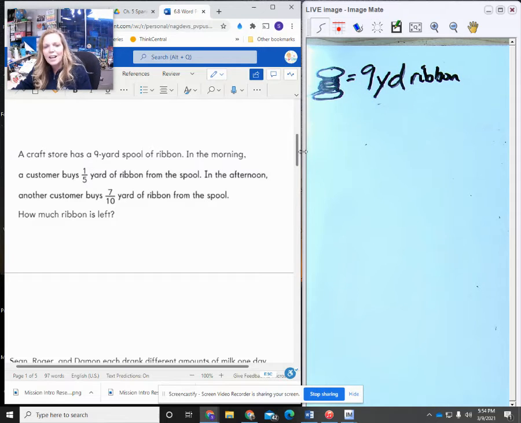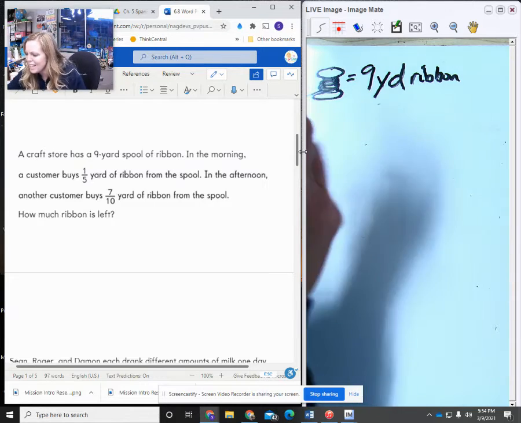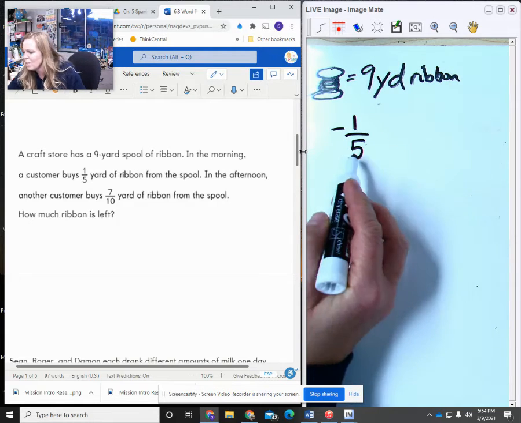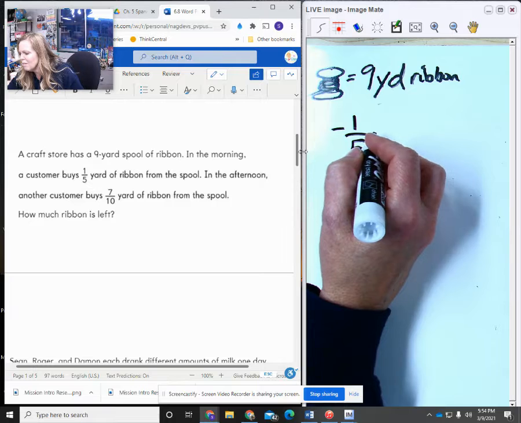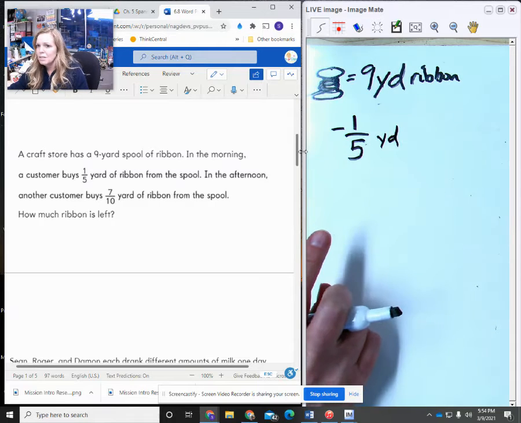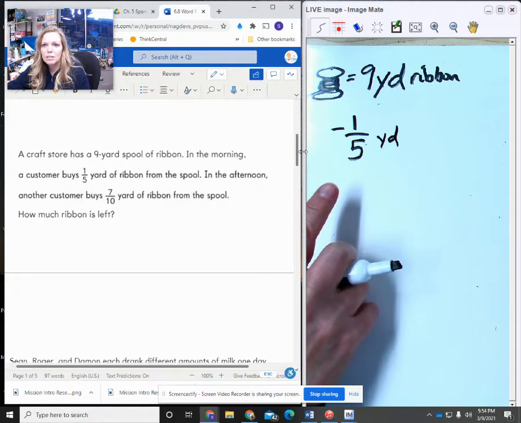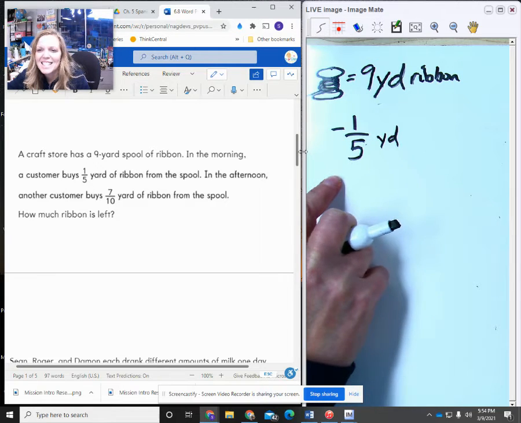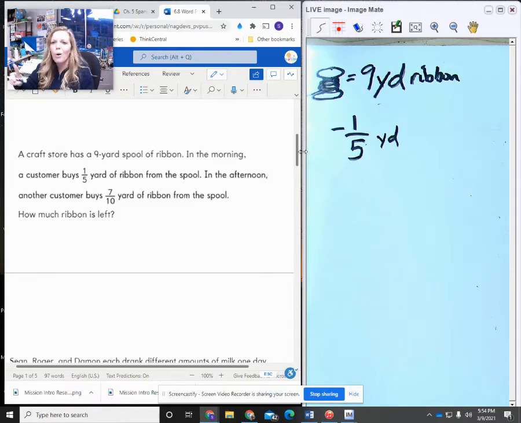In the morning, a customer buys 1/5 yard of ribbon. If they buy it, it means they're taking that away. Now, keep in mind the Holy Grail of fractions: 1/5 is less than 1/2.